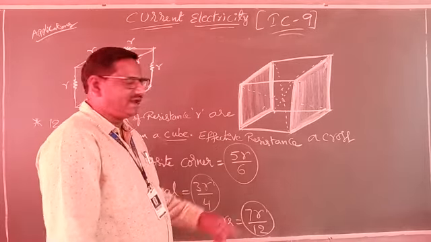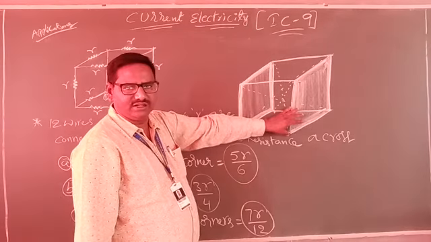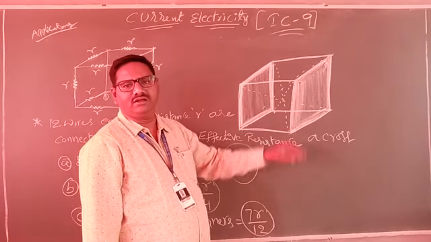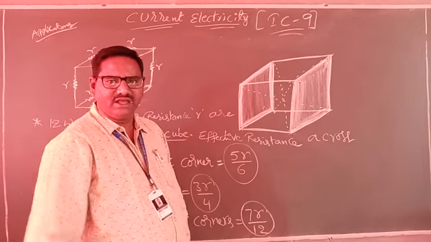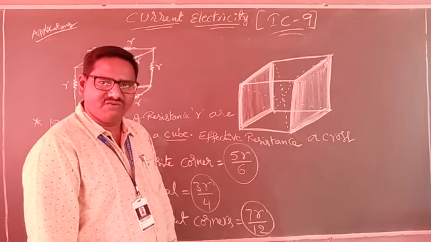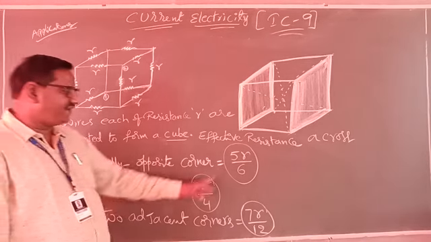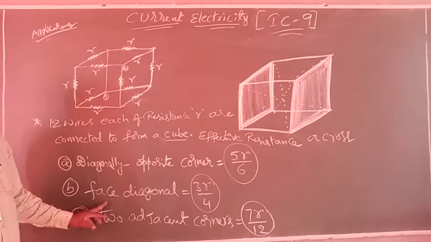One corner this one and one more corner this one. Like that we can assume. Totally we have 4 diagonals. Across any one diagonal, opposite corners diagonally, the effective resistance will be how much? 5R by 6.